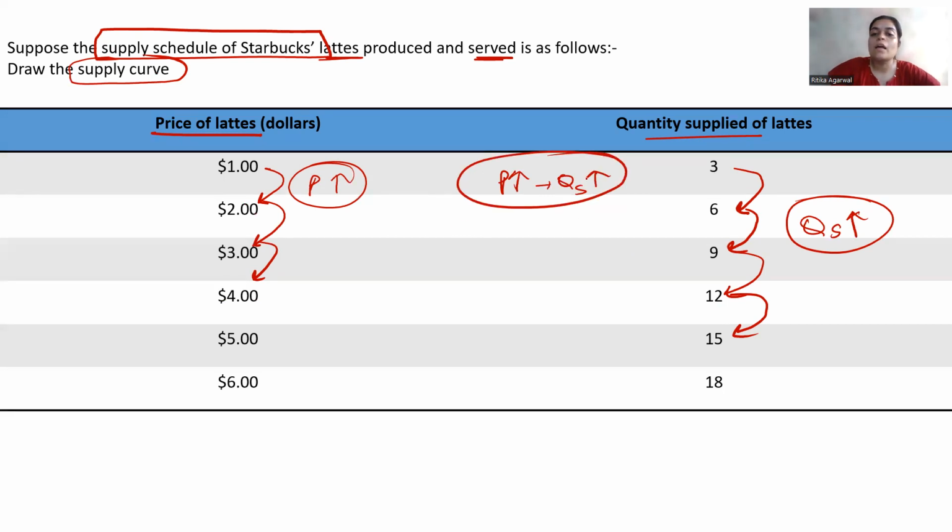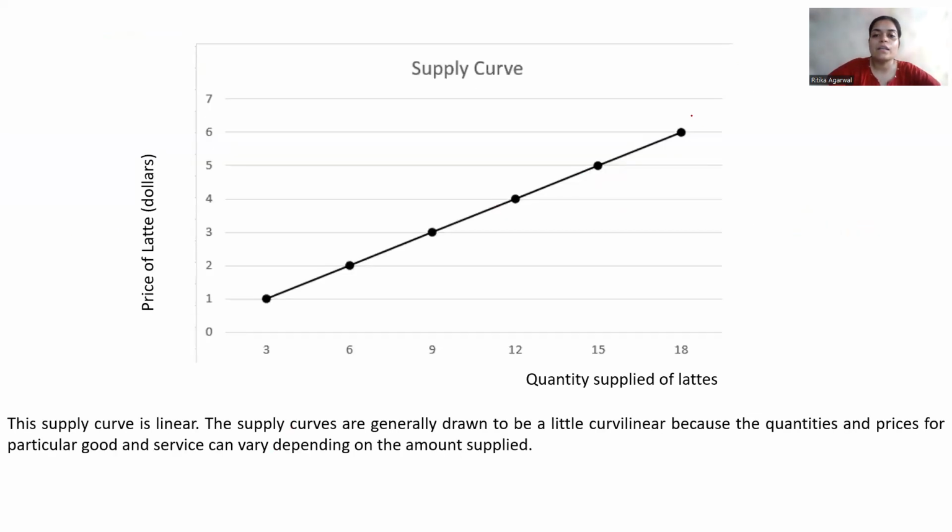This is the relationship. Now, considering this fact and producing a graph out of this supply schedule, we'll get something like this. That is an upward sloping supply curve with the price of lattes and quantity of lattes here, and this is the supply curve.